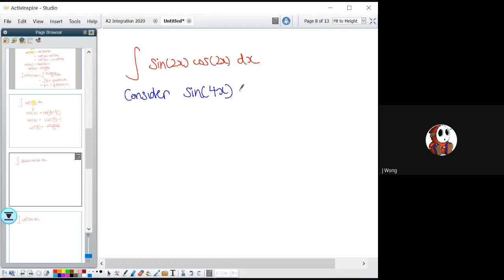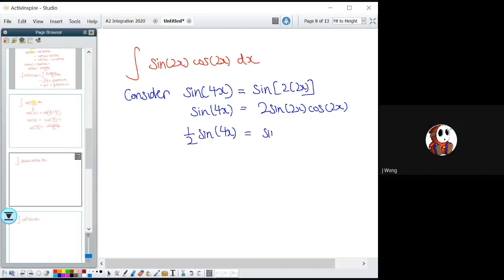Why? Because if we write 2 lots of 2x for the argument, then you can use the double angle formula to change it back into 2 sine 2x cos 2x, and this is exactly what we want. This is exactly identical to the expression inside the integral. And then what we're going to do is divide both sides by 2, and we can use this expression as we please.